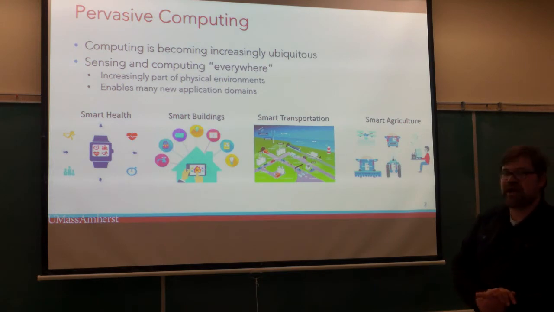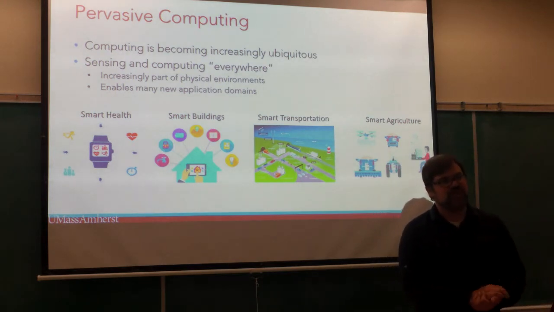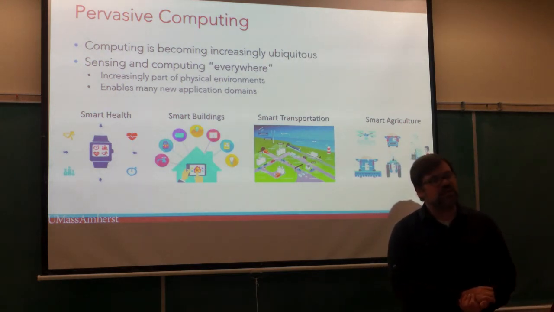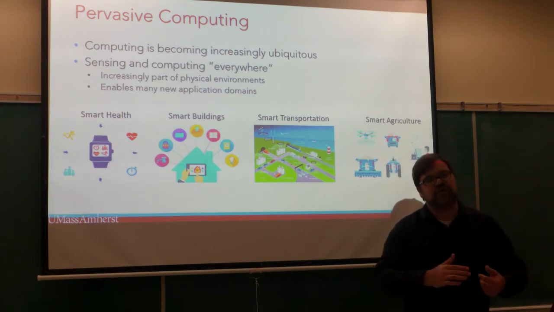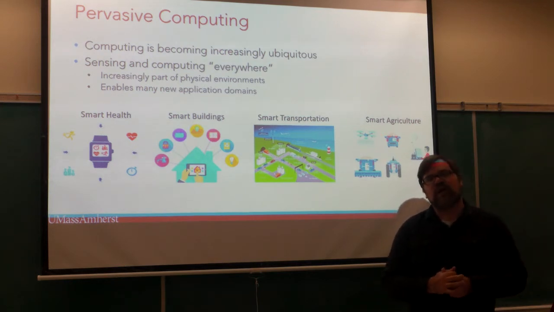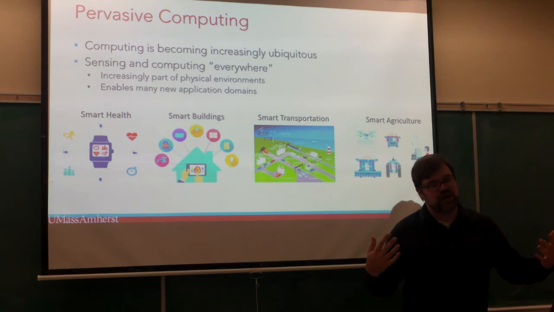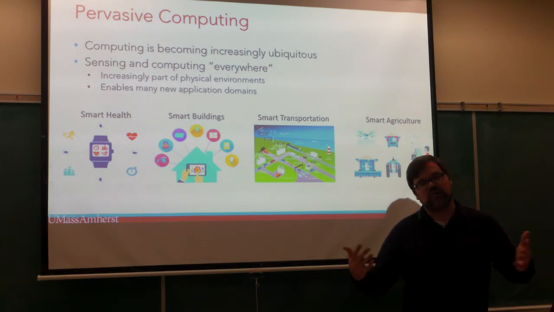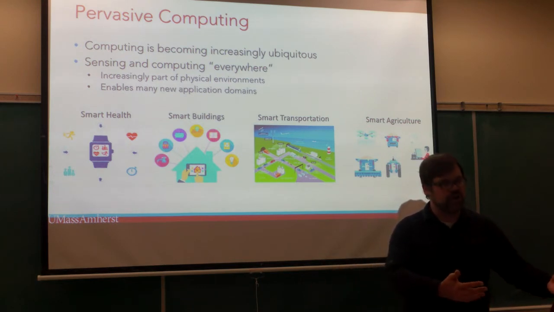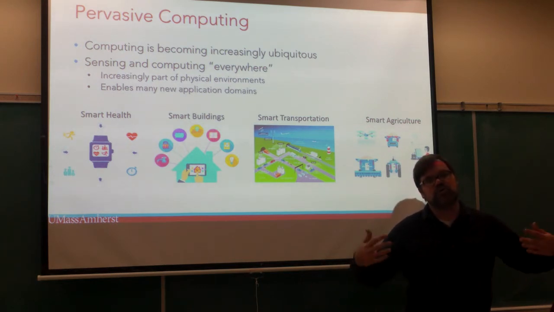And then the last is smart agriculture, right? There's a lot of people that live on Earth, and we can use some of this technology to do a better job in feeding them, right? So if we have a lot of fine-grained information about the environment, say for example, we know soil moisture at a very high spatial resolution, we can do things like water crops more efficiently, so we're not overwatering one area or underwatering another, and then the same goes for nutrition.